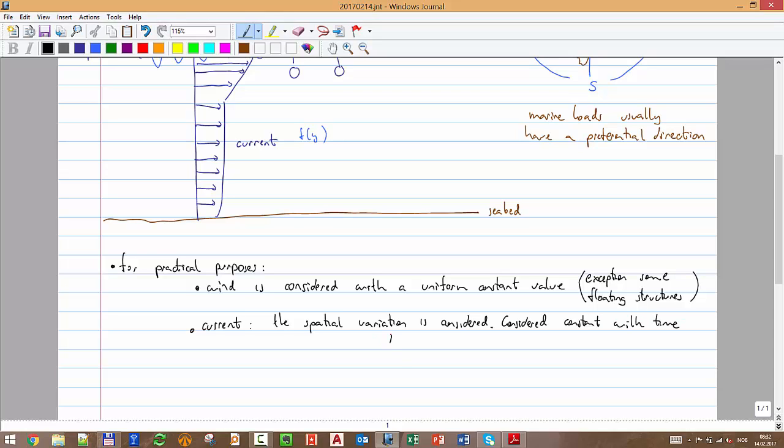And you usually use a very high value of the current that is likely to happen over a very long period. You can use 50 years, 60 years, 100 years, but it's the value of the current that you can expect to happen at least once every 100 years. The 100-year current. A high value is usually used.